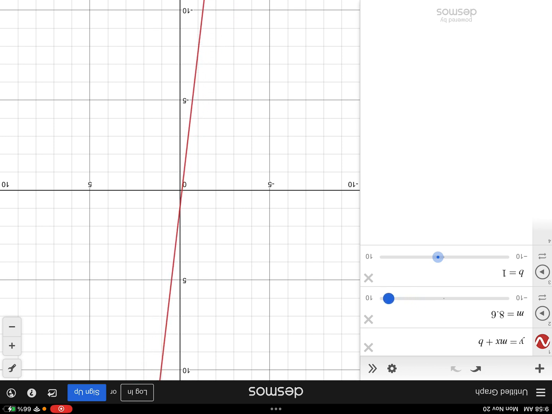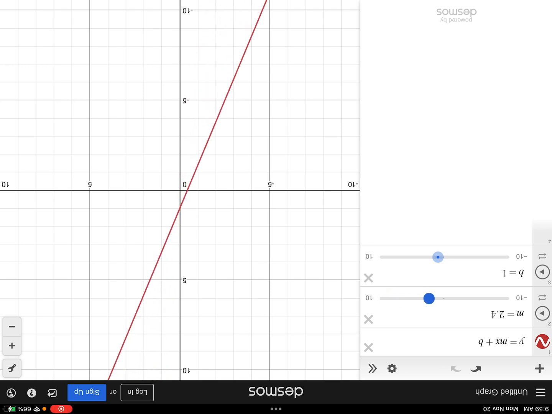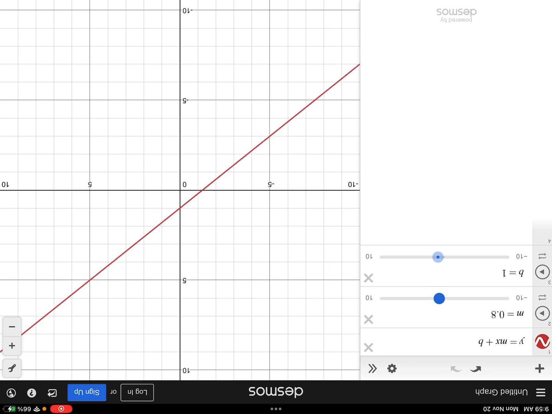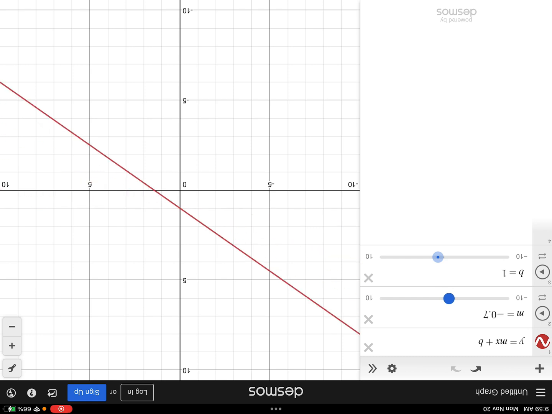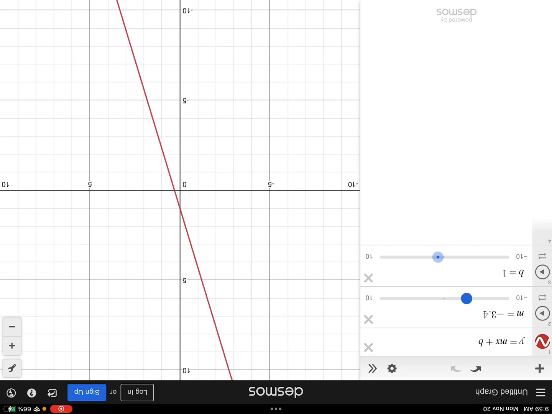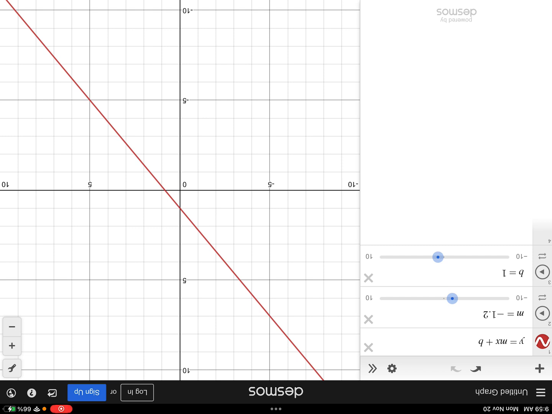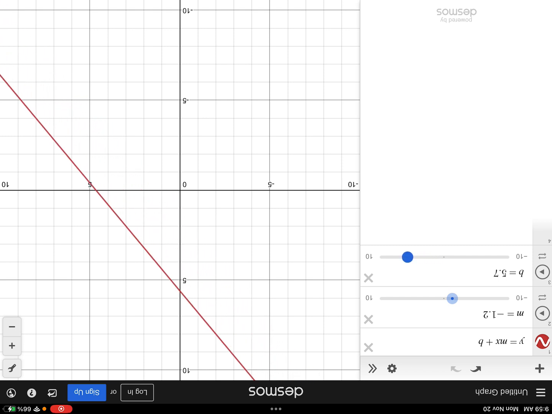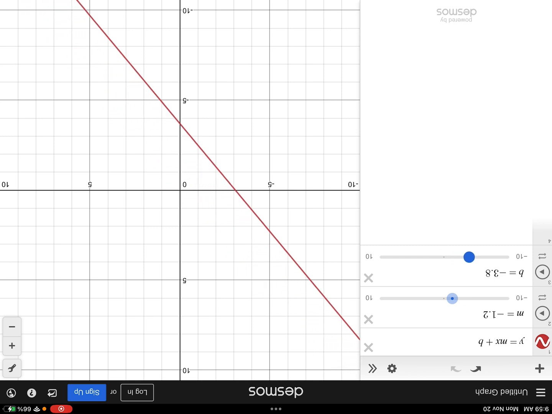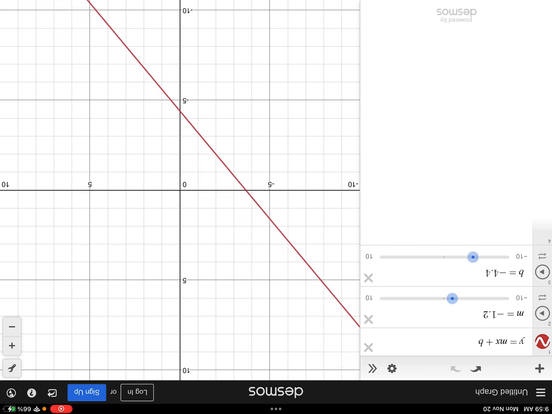So this is a positive large slope. My line looks like a very steep slope. When the slope gets closer and closer to 0, it gets flatter and flatter. Here's a slope of 0, and then my negative slopes. A negative slope that's close to 0 is flat, and as the slope gets further and further from 0, it gets steeper and steeper. Now what does the b do? The b moves my line up or down, the same number of units that b is.